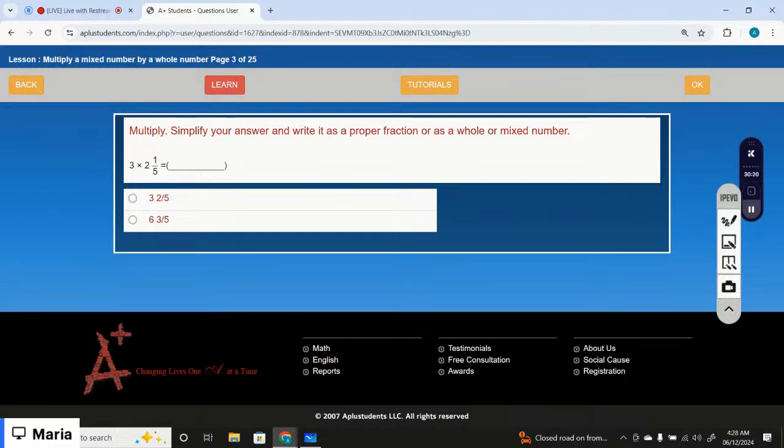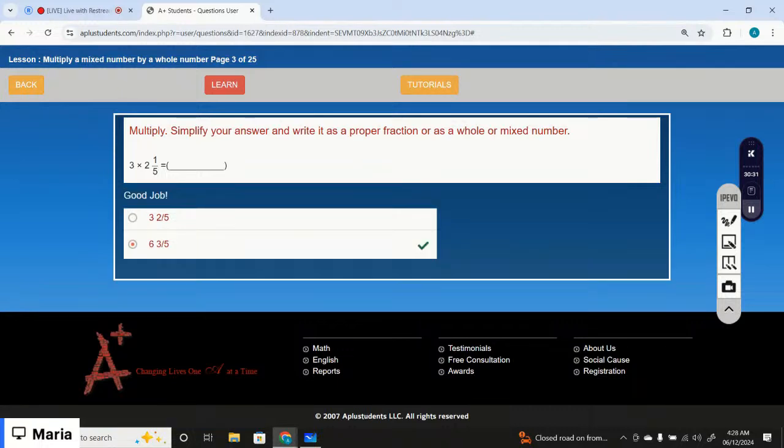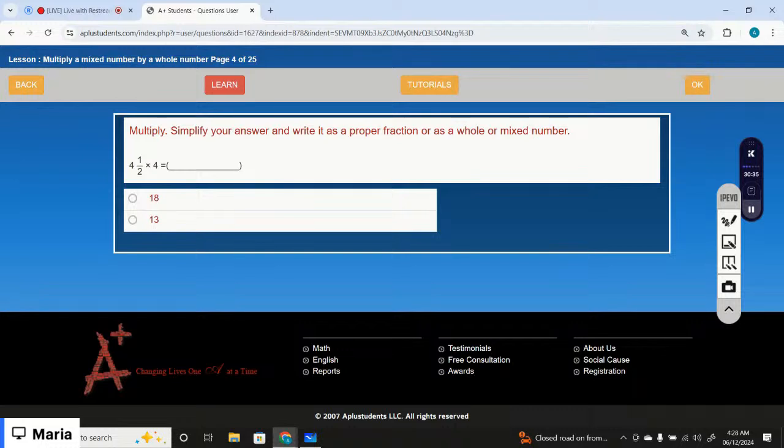The correct option is 6 whole 3 by 5. Option number 2 is the correct option. The next one is 4 whole 1 by 2 times 4, which is the correct option.